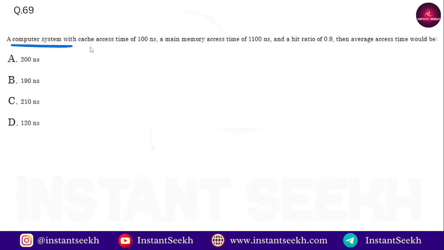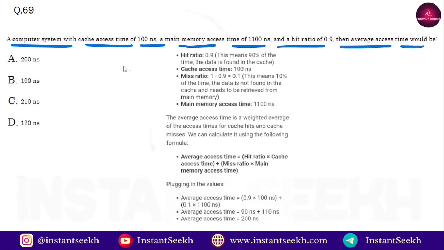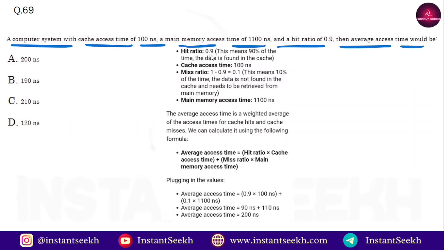A computer has a cache access time of 100 nanoseconds, a main memory access time of 1100 nanoseconds, and a hit ratio of 0.9. What would the average access time be? Hit ratio 0.9 means 90% of the time the data is found in the cache.